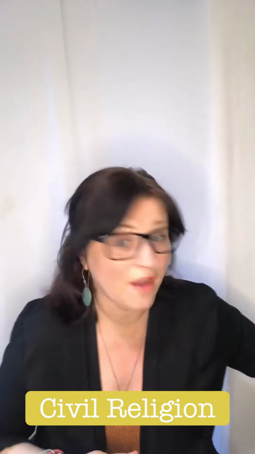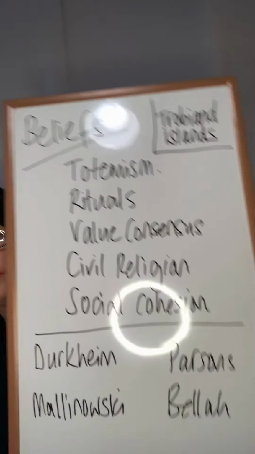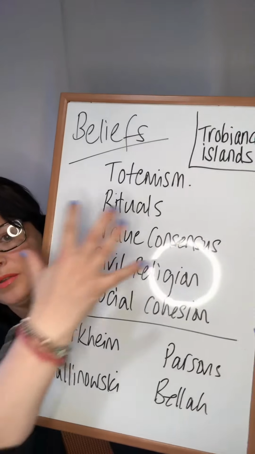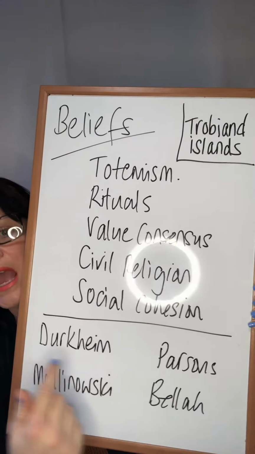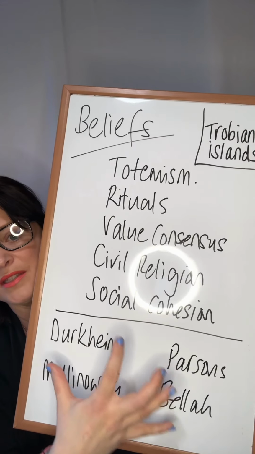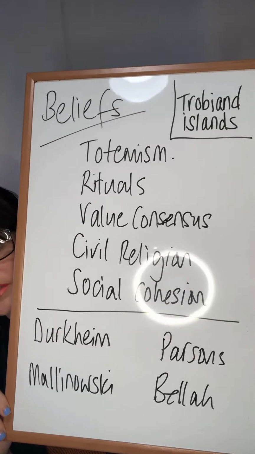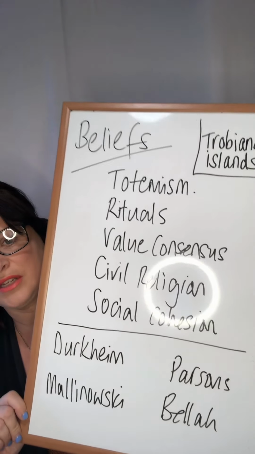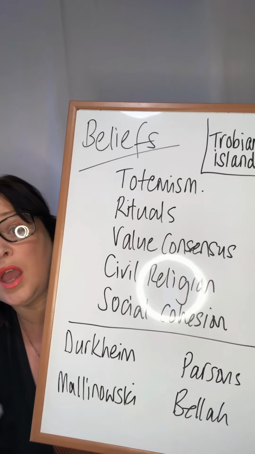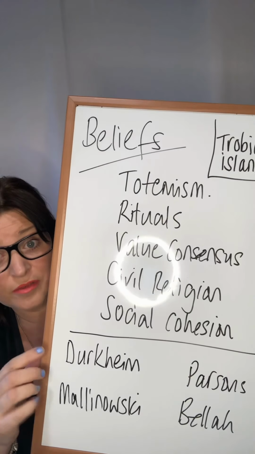So if I just give you a recap, if you're making notes on this for the first time, your objective will be to be able to use and understand these key terms, and to be able to use and understand these four sociologists who give us functionalist explanations for the function of beliefs in society.